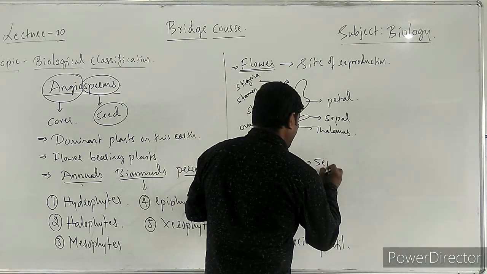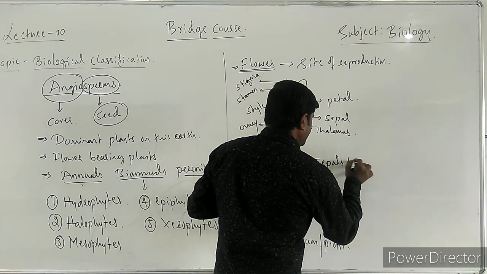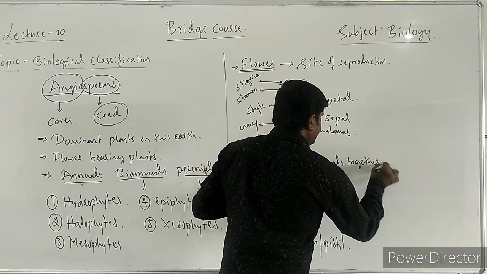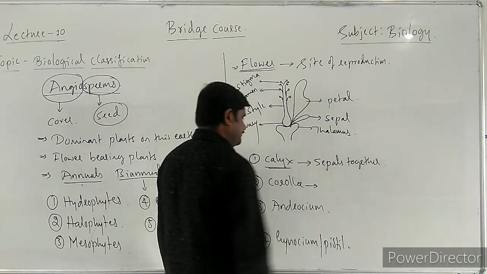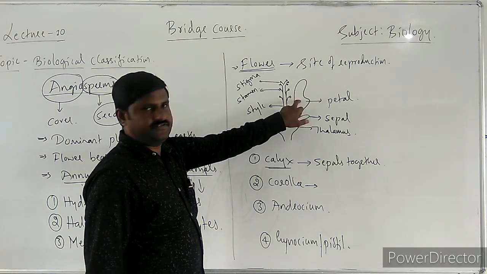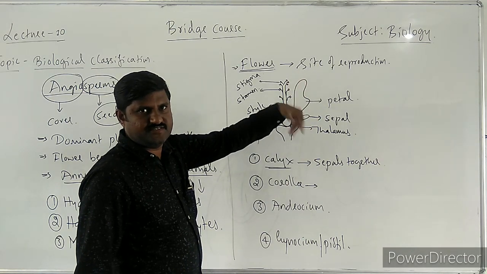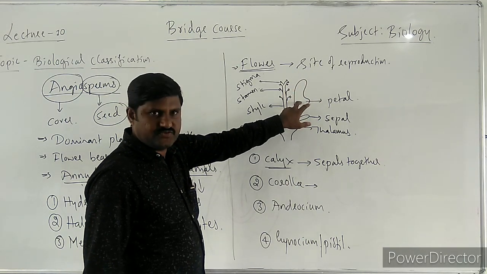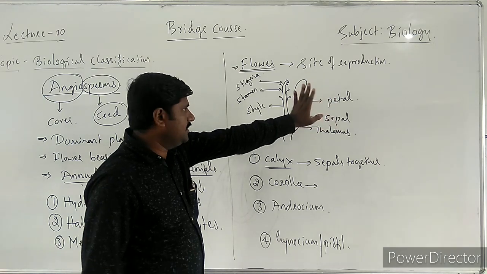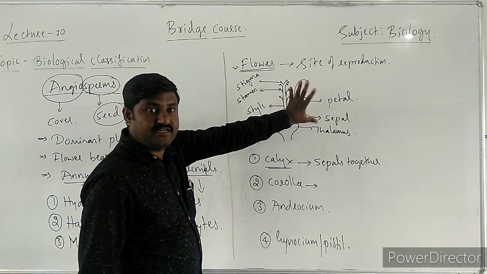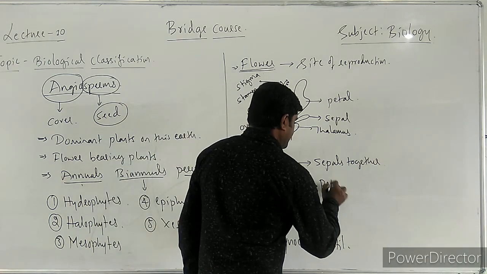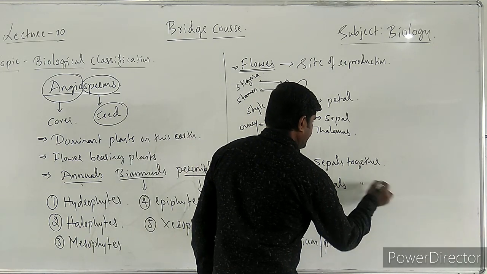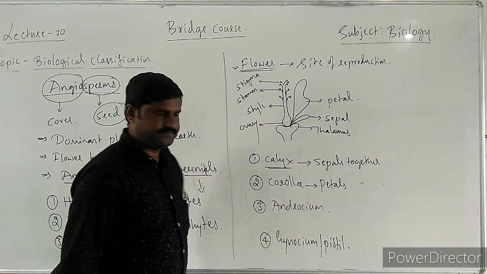Means here sepals together form calyx. In the same way, corolla, the colored petals, there may be 5 petals, more than 5 petals. They are colored in nature. And those colored petals together form what? Corolla. Means here petals together form corolla.